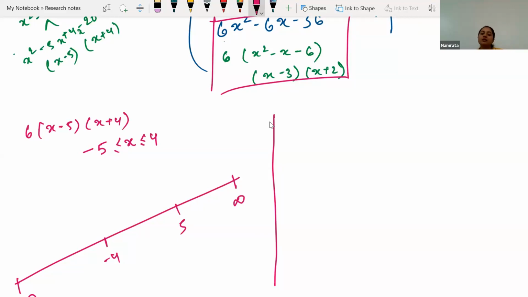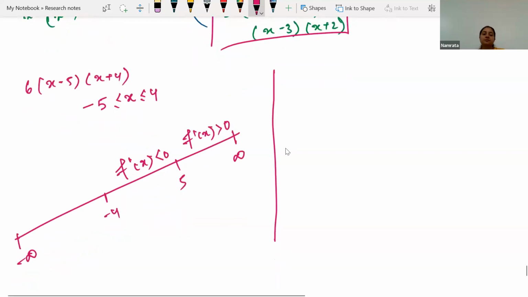If we take a number bigger than 5, that is 6: 6 minus 5 is positive, 6 plus 4 is positive. So this is positive, f dash x greater than 0 we are getting here. Let's quickly take a test point between minus 4 and 5, say 0. The first bracket gives a negative value, the second bracket gives a positive value. Eventually we get a negative, that means f dash x is smaller than 0.